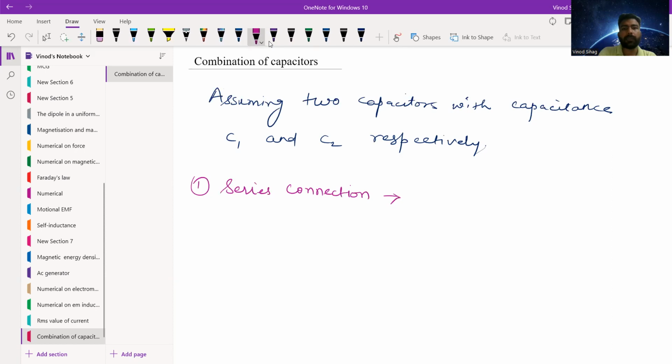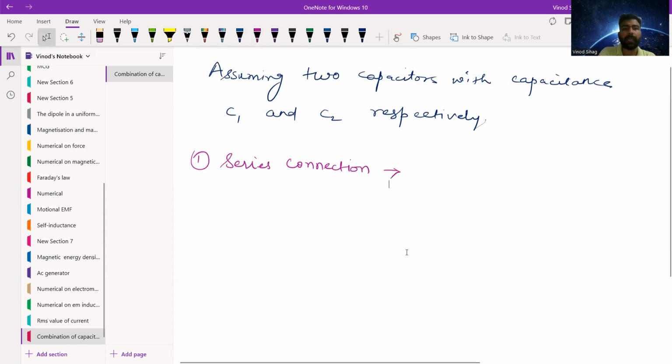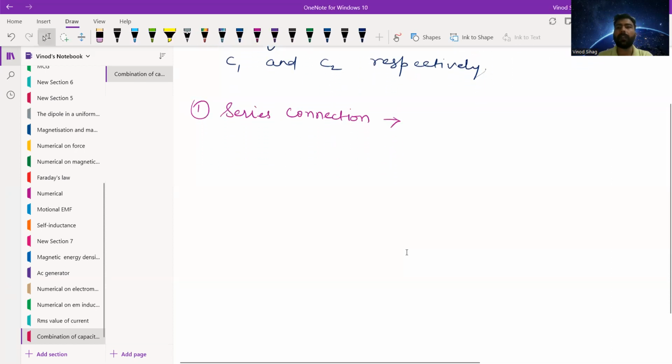So first of all, we will draw the diagram of series connection and then we will find out the equivalent capacitance of the given connection, or we can say in the series connection. So let me draw the diagram.